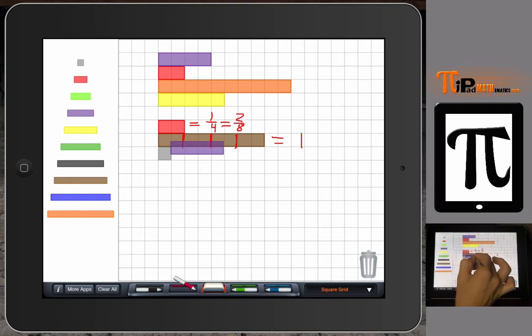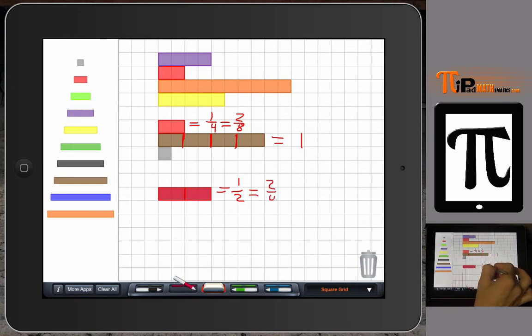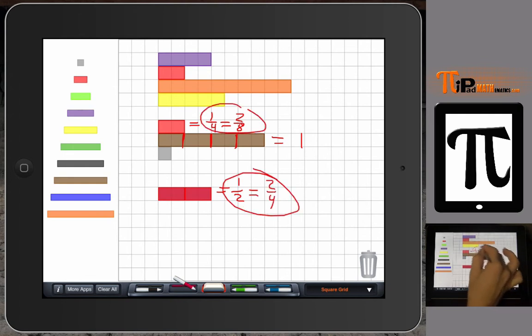And then the purple rod equals 1/2. So purple equals 1/2, but it also equals 2/4. So we're building and showing many different equivalent fractions using these Cuisenaire rods.